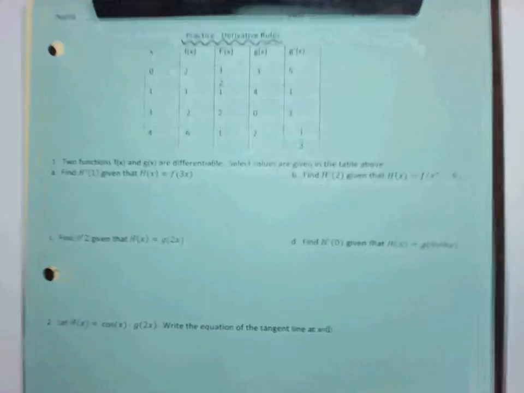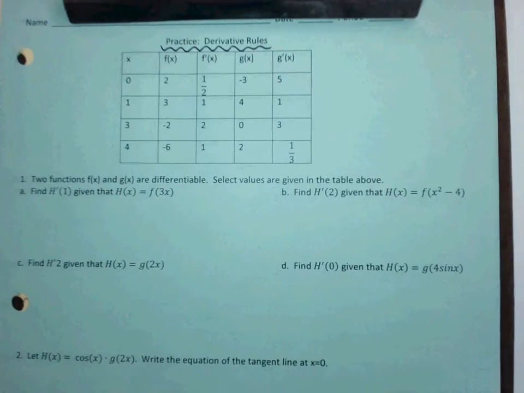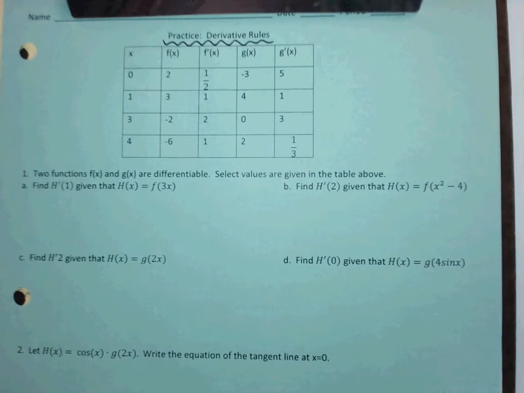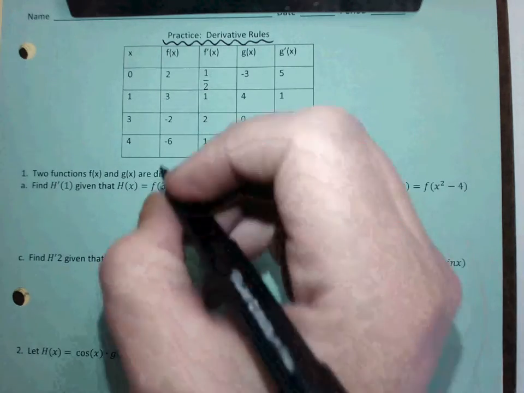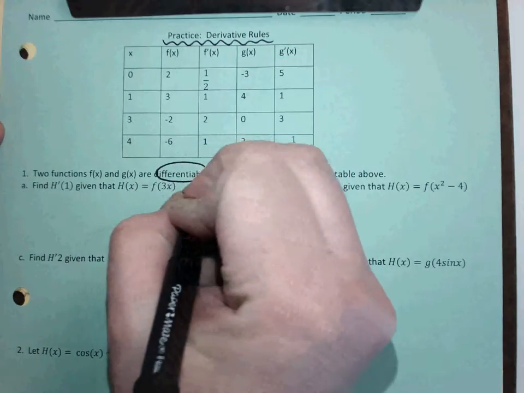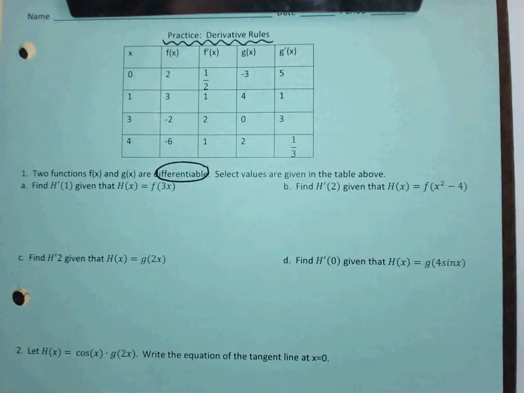Refocus. We gotta go. Okay, look at your green sheet. Look at number 1. You have a giant chart of functions. It says your functions are differentiable. All that differentiable means is that their graphs don't have any cusps, corners, or breaks in the graph, and also no vertical tangents.